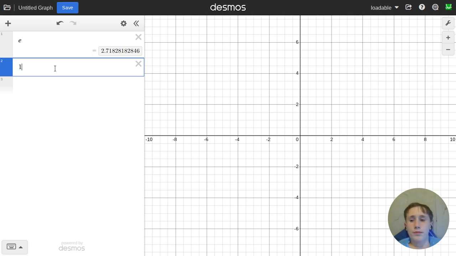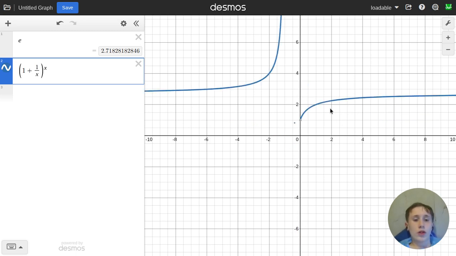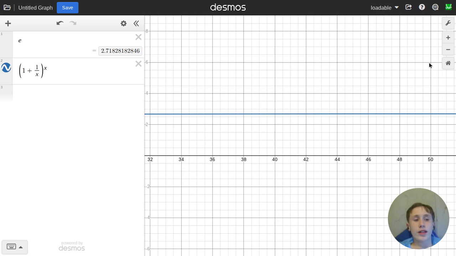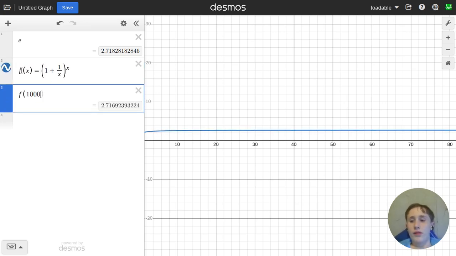1 plus 1 over x, to the x. As you can see, as this increases, it starts leveling out pretty quickly, and it's never going to get over e. Let's check this. Let's call this f of x, and then say f of 100,000.